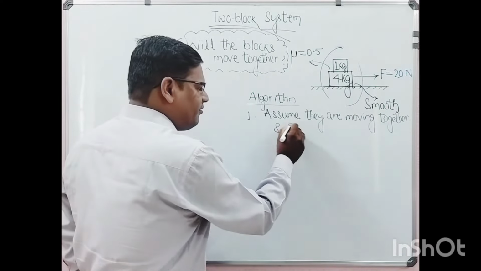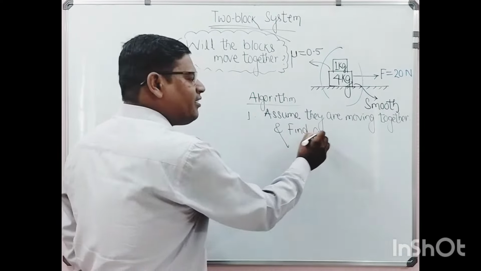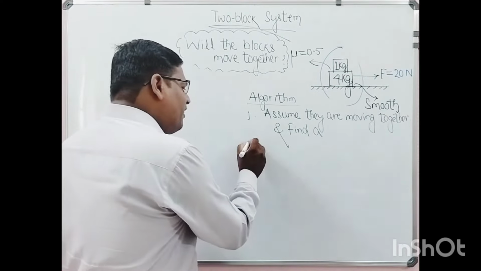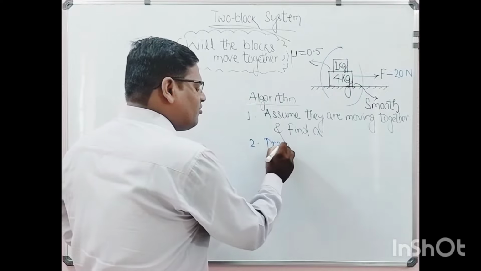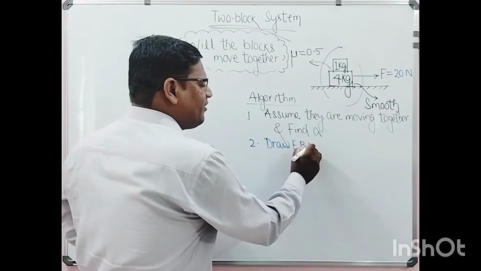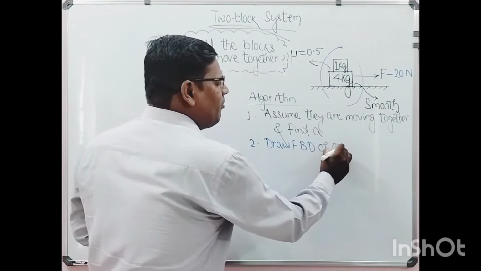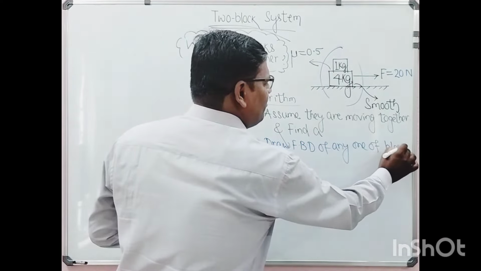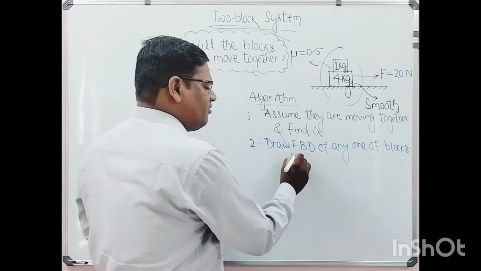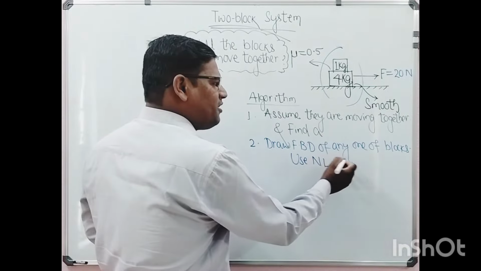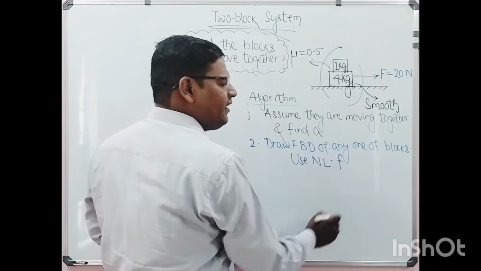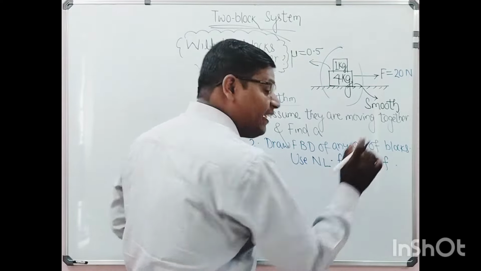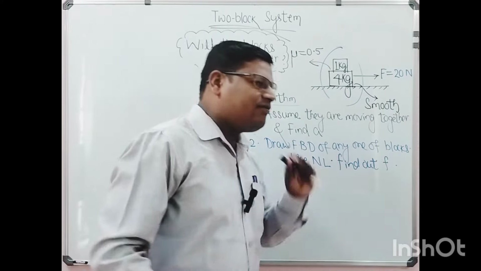Second part, draw the FBD of any one of the blocks and use Newton's law, form an equation and find out the friction acting. Find out the friction acting, that I am denoting as F.